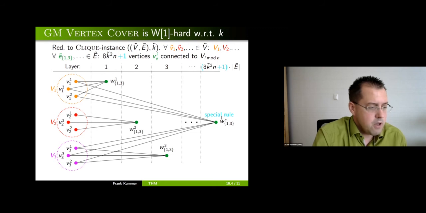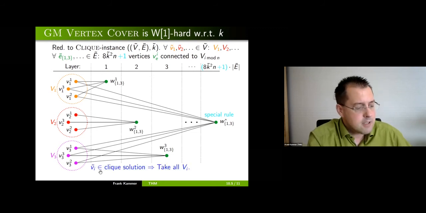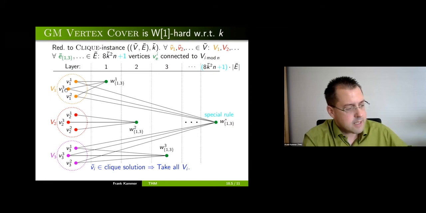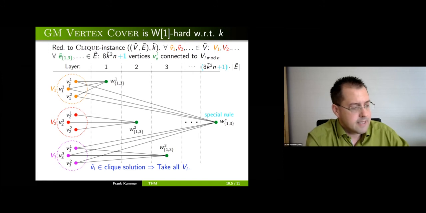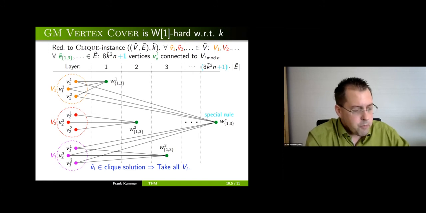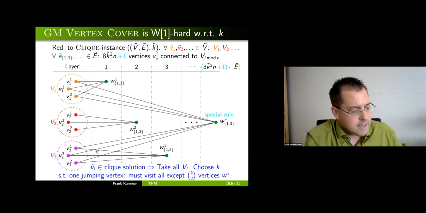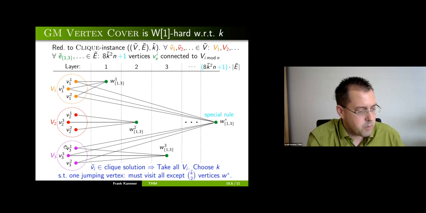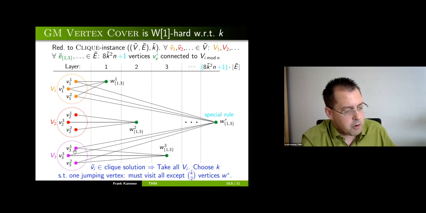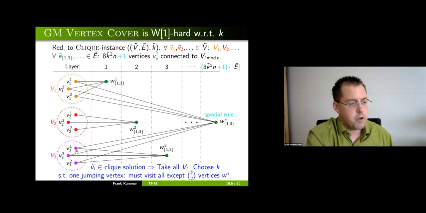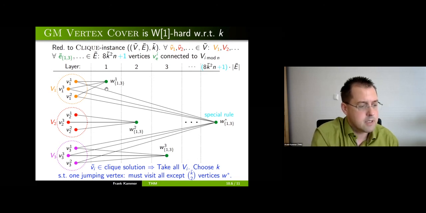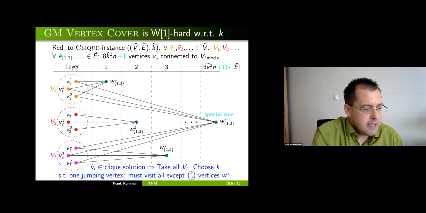And what we now can observe is, if we have a clique solution, then assume we take exactly the vertices in the clique solution, then the corresponding capital V_i sets. And if we now allow a solution size such that these are exactly the vertices that we are taking due to the clique solution, and we have one vertex for free, then we jump with this vertex over all these vertices exactly if this vertex is not taken.